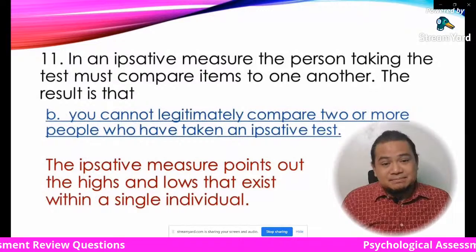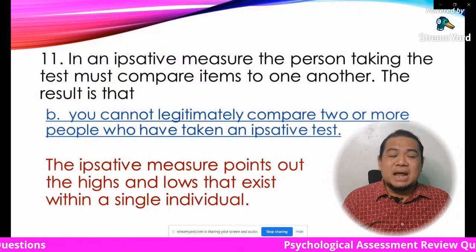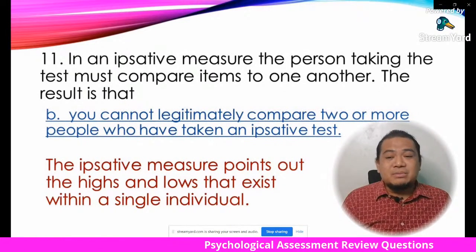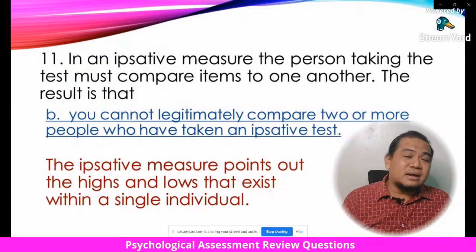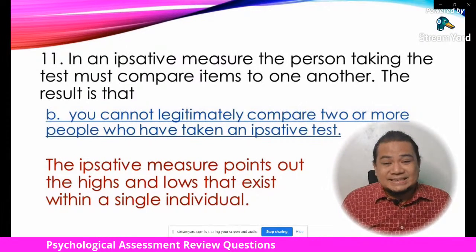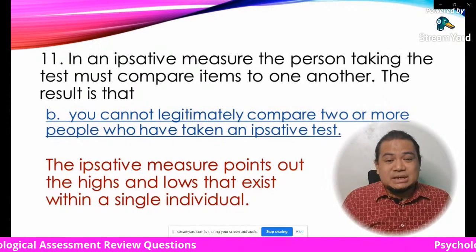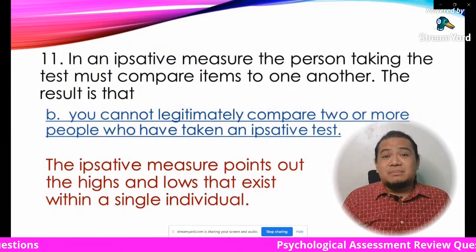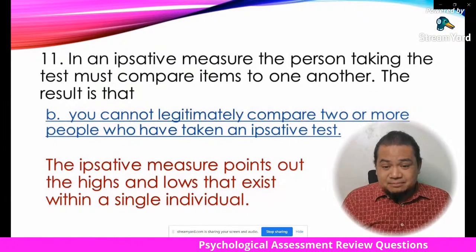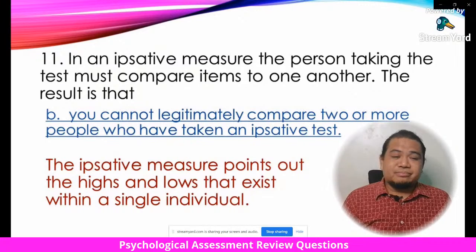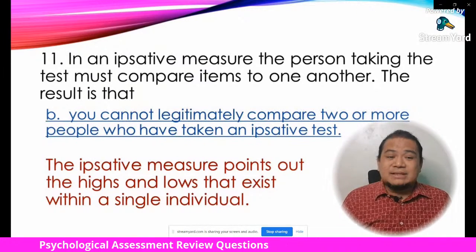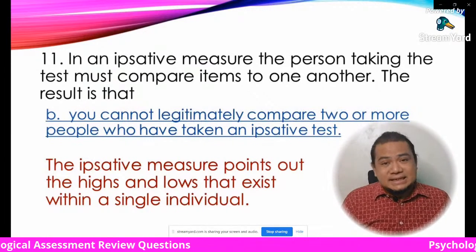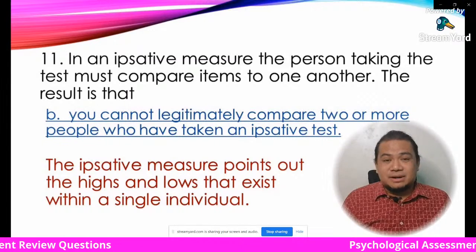Since the ipsative measure does not reveal absolute strength, comparing one person's score to another is relatively meaningless. The person is measured in response to his or her own standard of behavior. The ipsative measure points out the highs and lows that exist within a single individual.